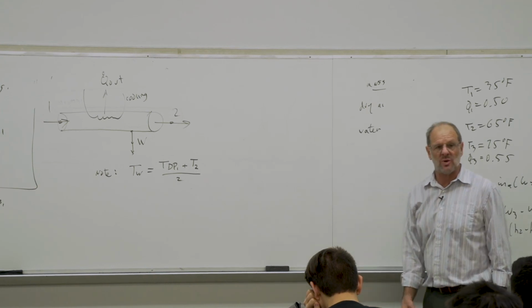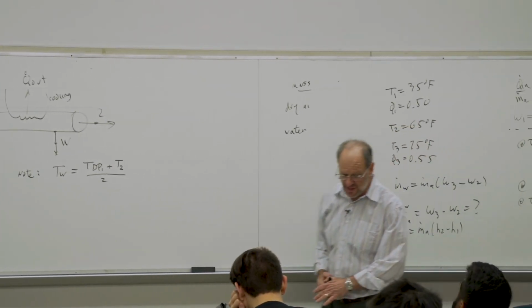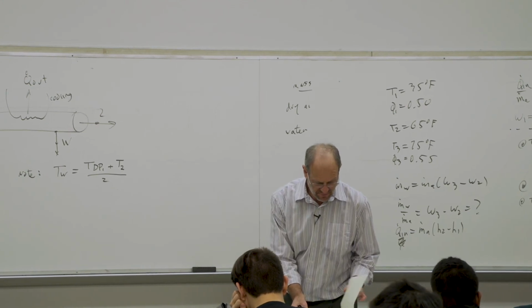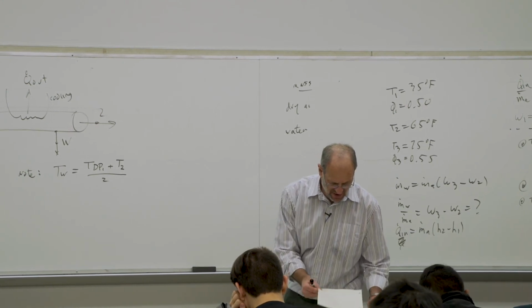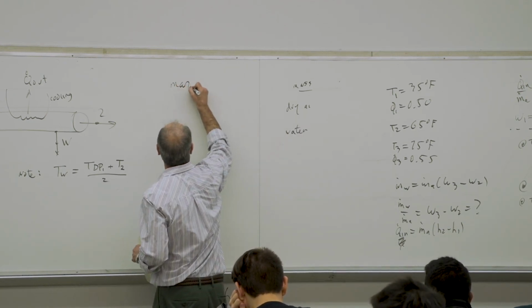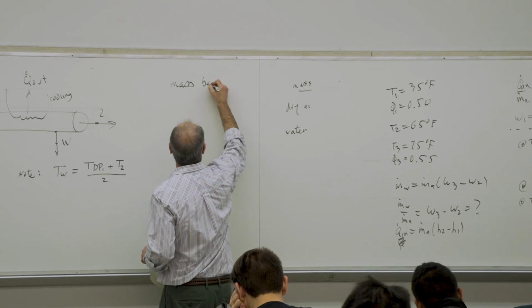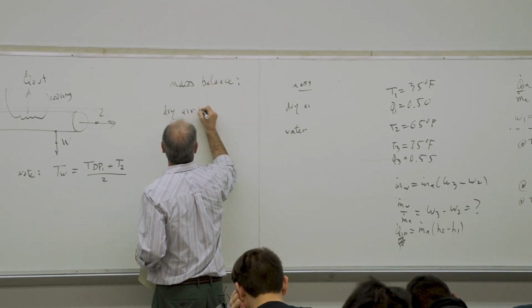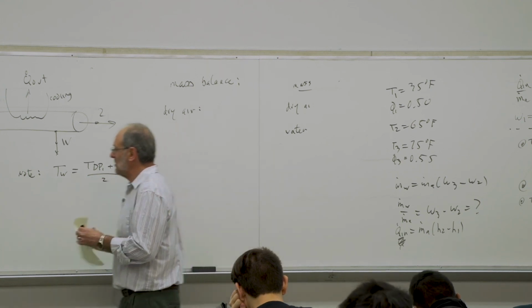So the question now is, what equations do we have to use for this particular process? Well, let's just start with the usual. This would be our mass and energy balance. So once again, we're going to start with our mass balance.